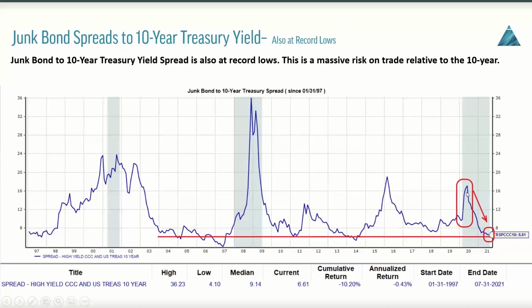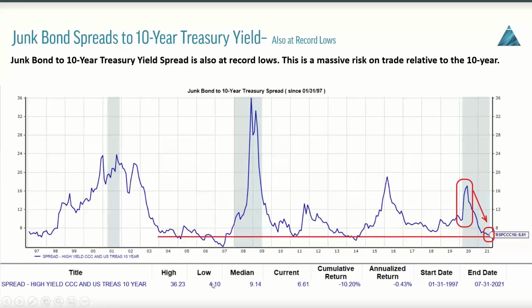You can see the risk-off trade when we hit COVID. Everybody liquidated their junk bonds because obviously default risk skyrocketed at that point. And you can see the spread between junk bonds and 10-year Treasuries just skyrocketing. So these are your risk-off trades, and these are your risk-on periods.